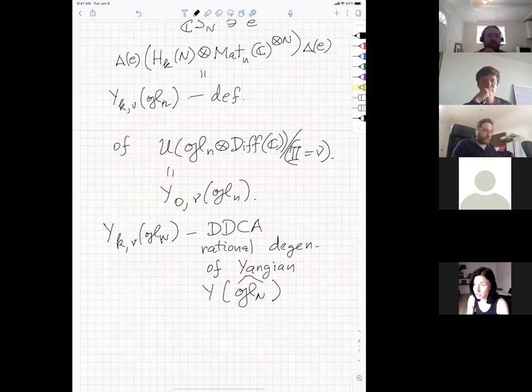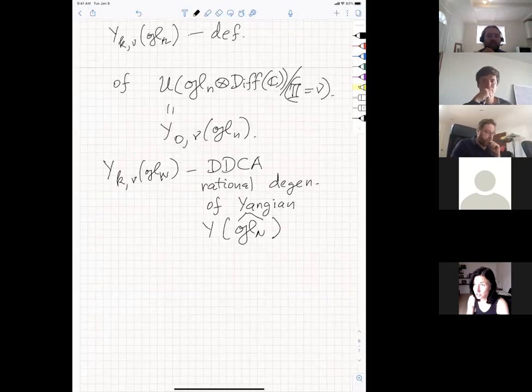So that's why I use the letter Y. So the Yangian of GLN, this is some kind of rational limit of Yangians, and it depends on two continuous parameters k and nu.